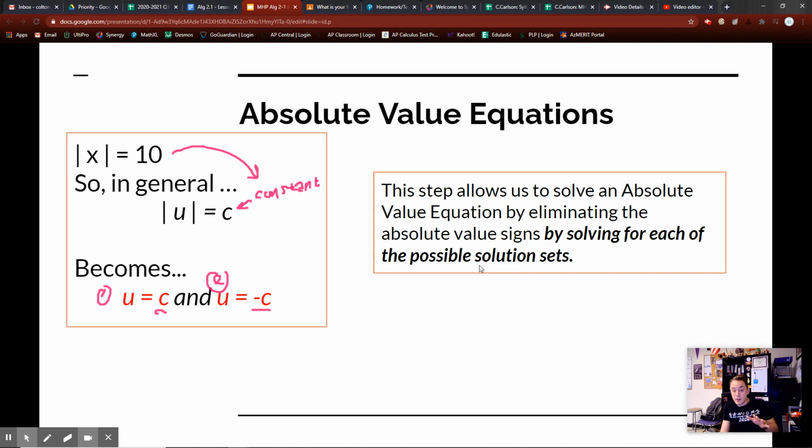Remember, for absolute values, you can have a negative or positive, which means how many solution sets could you technically have? 2. Dos. Which means we're going to have 2 equations here. That's vitally important. Whenever I go through this, students just do not jive well with that. I need 2 equations here.